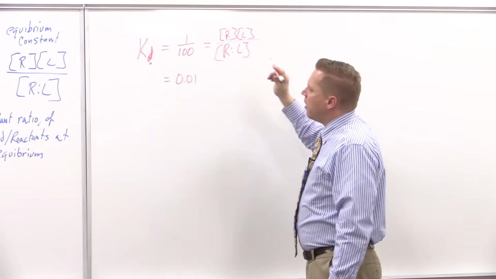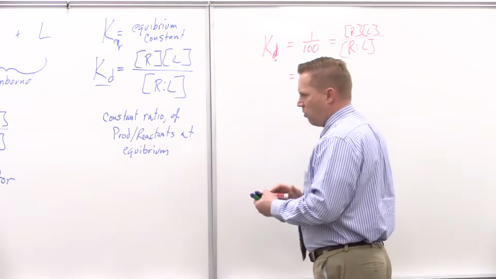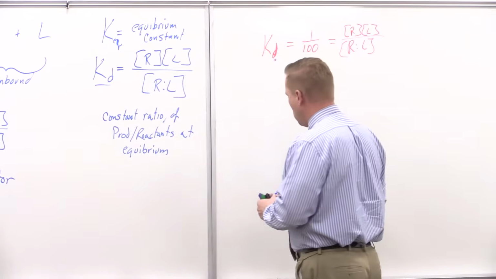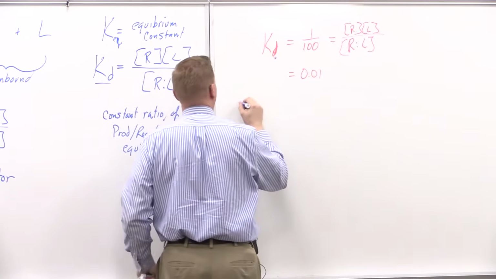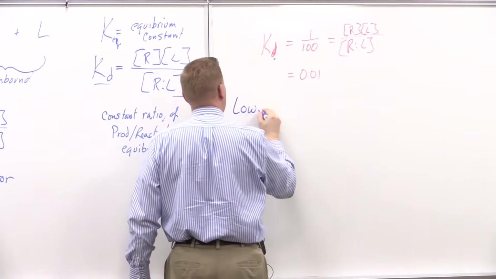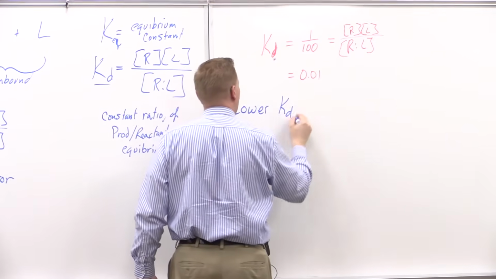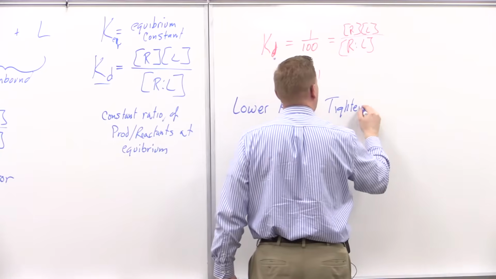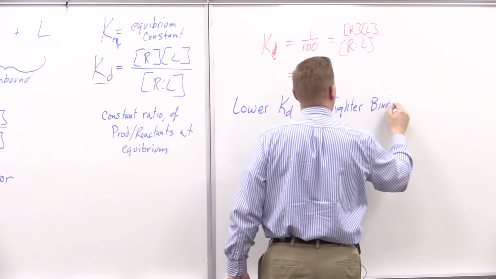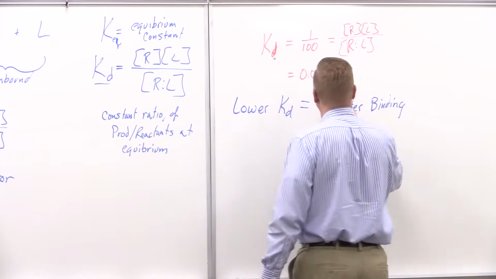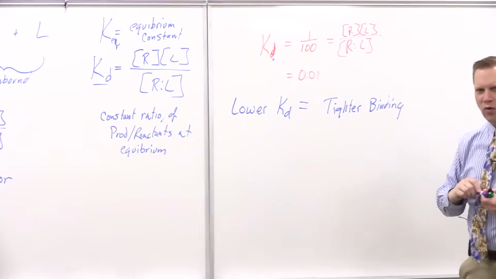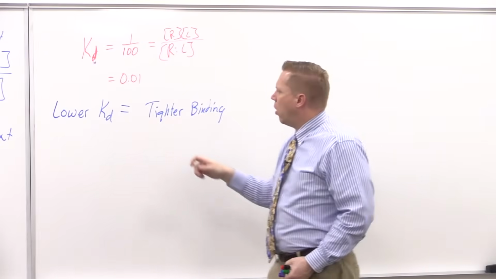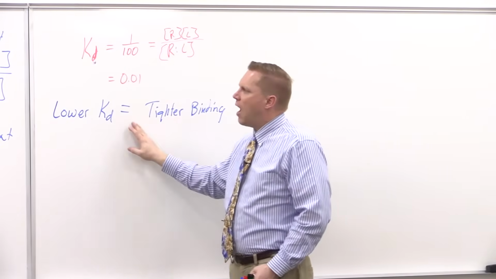So the tighter the binding, let's make up another rule: the lower the Kd, that is equal to tighter binding. Okay? And so those are some rules that we want to know for being able to evaluate Kd.